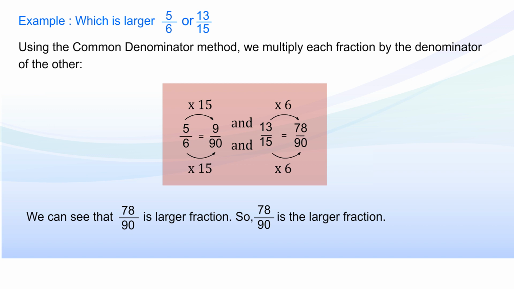Using the common denominator method, we multiply each fraction by the denominator of the other. 5 by 6 equals 75 by 90. 13 by 15 equals 78 by 90. We can see that 78 by 90 is the larger fraction. So, 13 by 15 is the larger fraction.